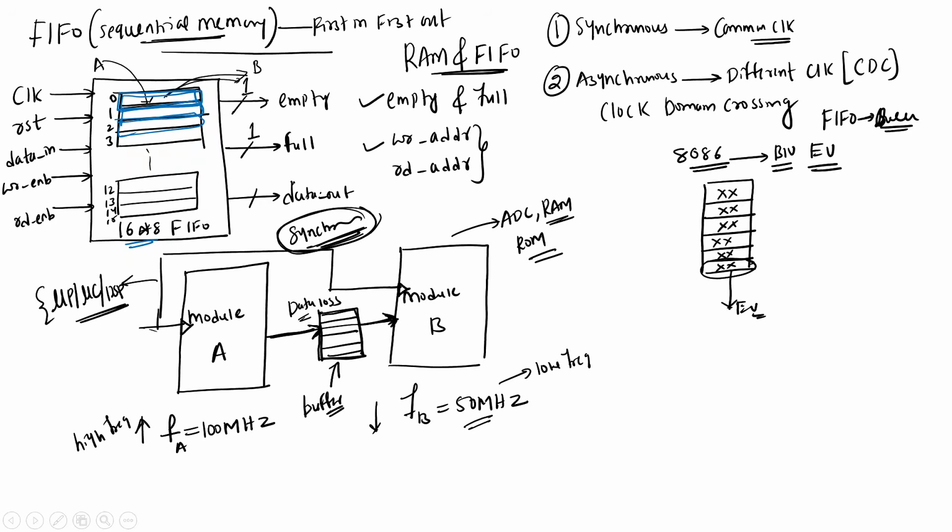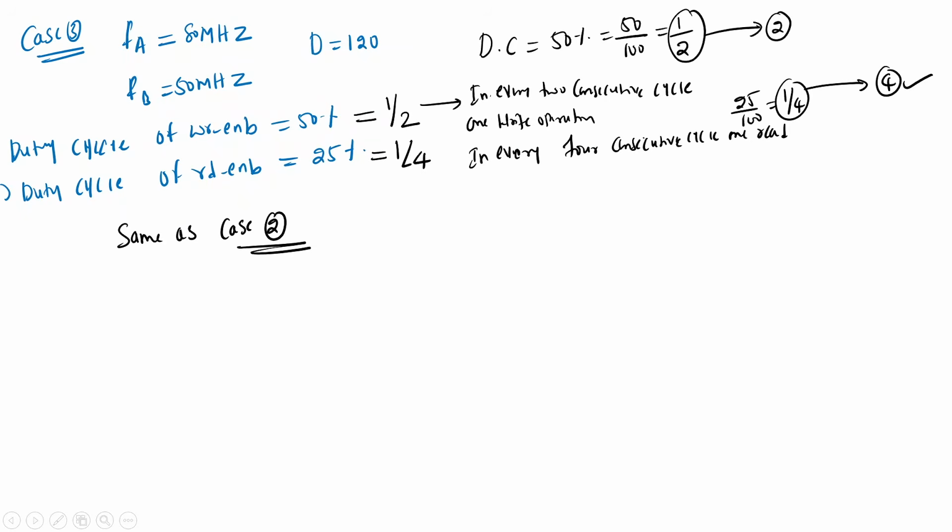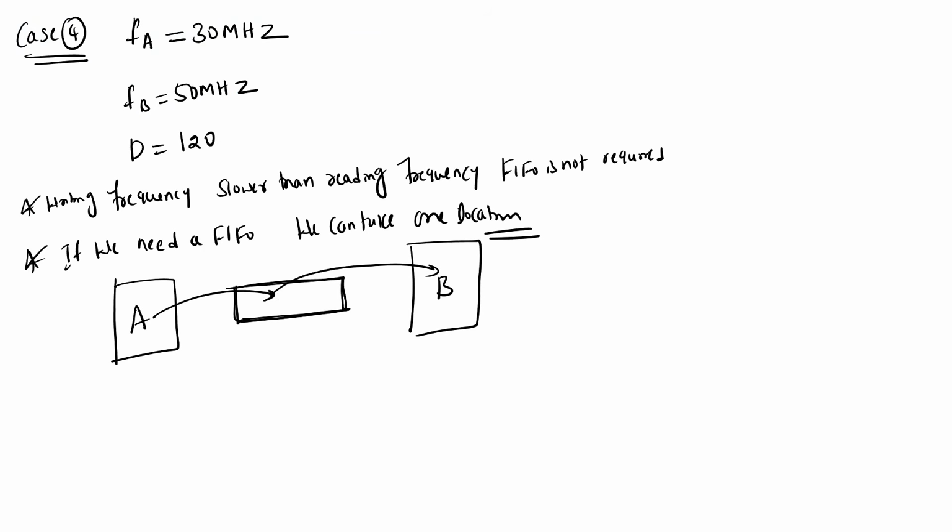So we require a FIFO in between module A and module B. Is it fine? Fine, sir. Yes. From an interview point of view, this is a very, very important concept. They will ask the FIFO depth calculation. Once you go through this.